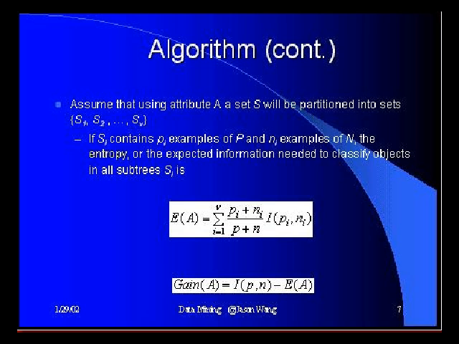So the entropy of the phone usage attribute is equal to this number: the numerator is p_i plus n_i, from i equals 1 to 3 for the phone usage attribute, and the denominator is p plus n, where p is the total number of positive training examples in your training database. In our case, it's 9. And n is the total number of negative examples in our training example.